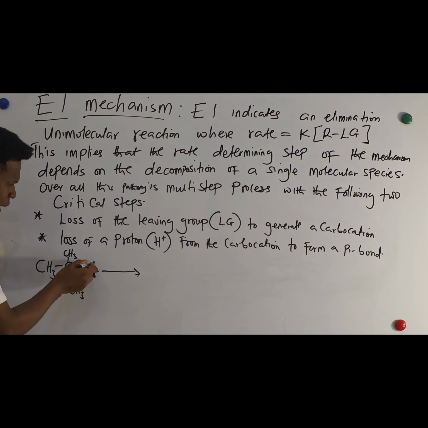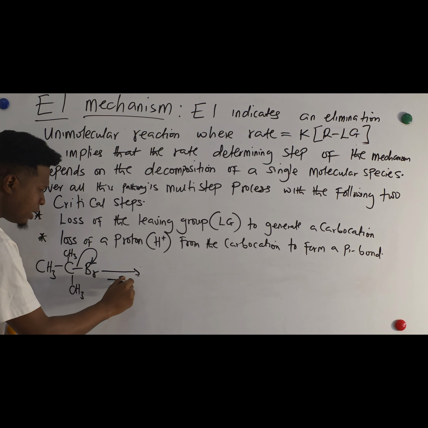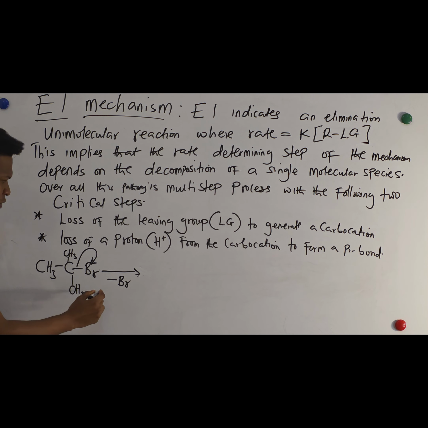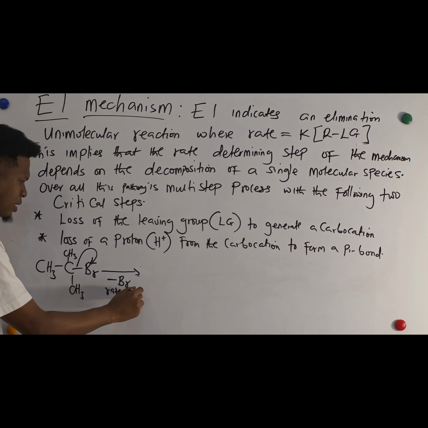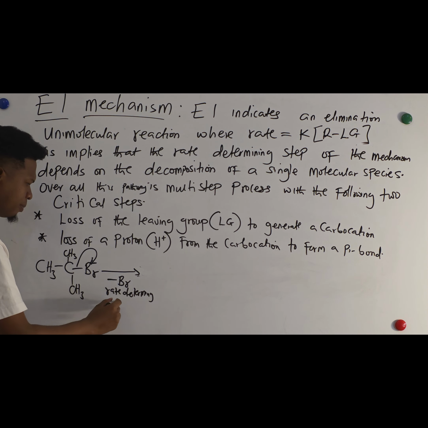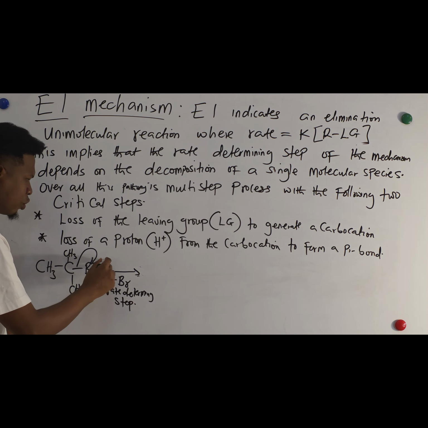Look at the leaving group. The leaving group will leave first. The point where this leaving group is leaving is called the rate determining step. This is the rate determining step, and this step is a slow step.